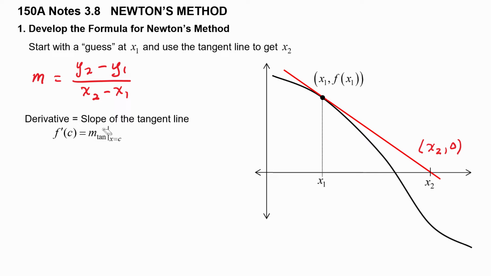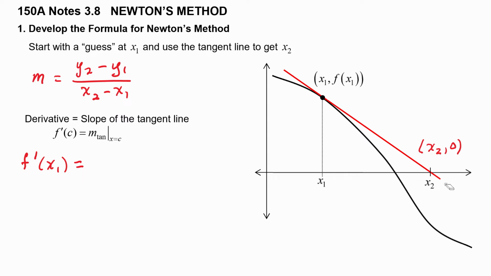Now if the derivative gives us the slope of the tangent line, then we know that f prime at any particular x value, for example c, will equal the slope of the tangent line evaluated at x equals c. Now in this picture, let's look at a specific x value here of x1. So then that means f prime of x1 is going to equal the slope of the tangent line at x1.